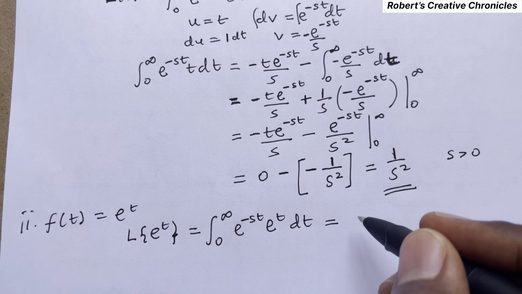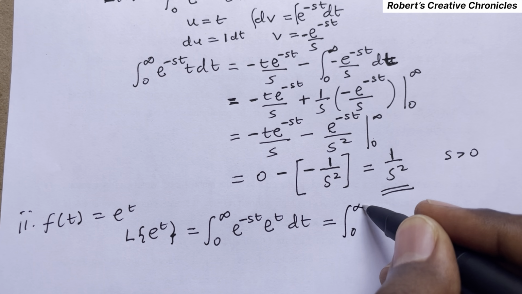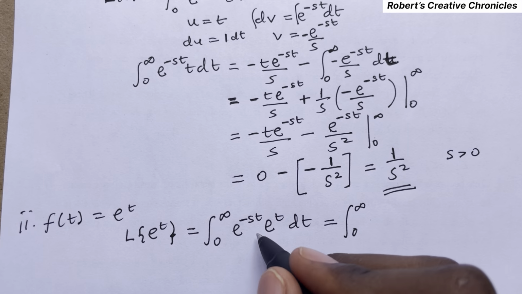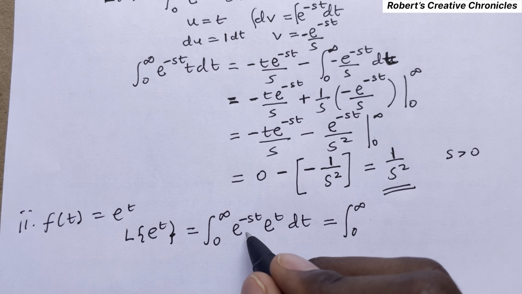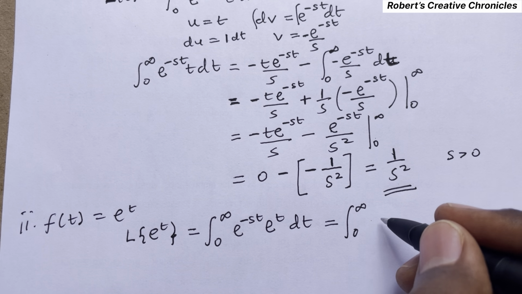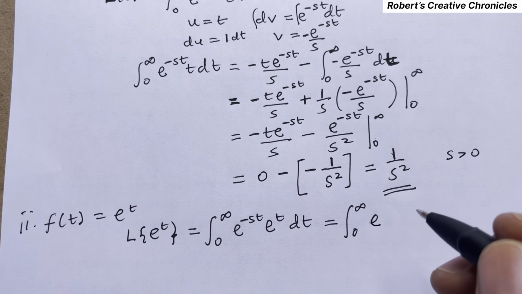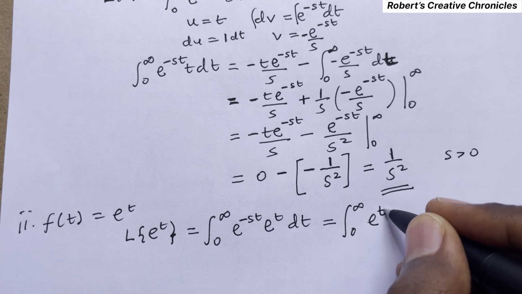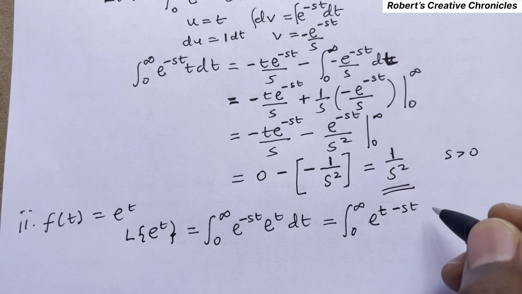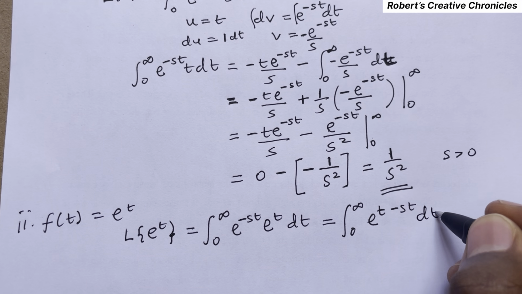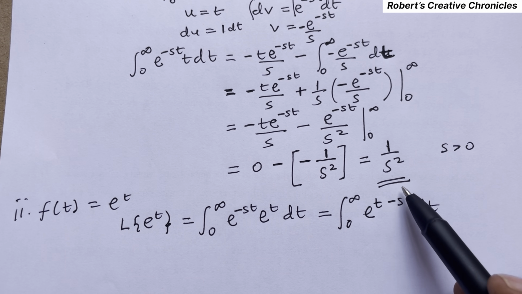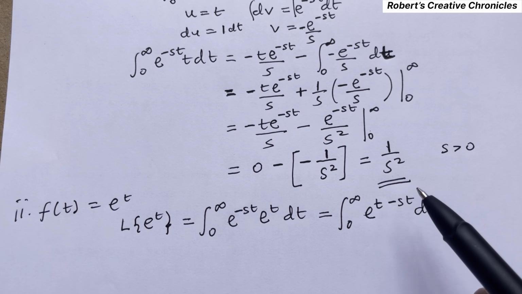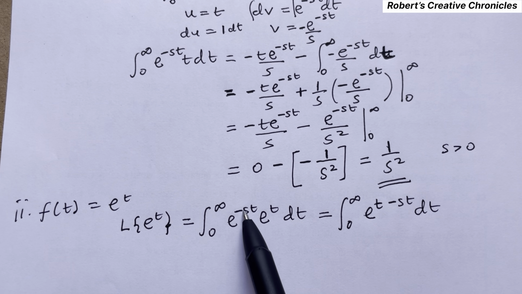So this becomes, since these two exponential functions are multiplying each other, we can add their powers. So it becomes exponent minus st plus t, which is the same thing as t minus st, dt.